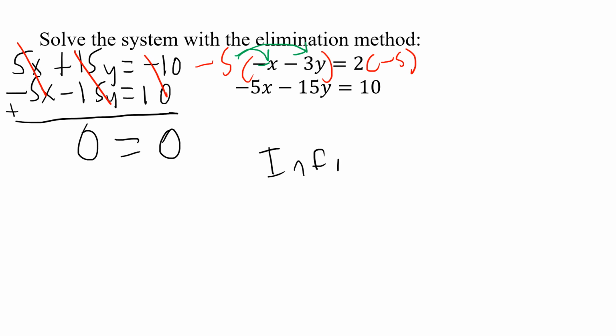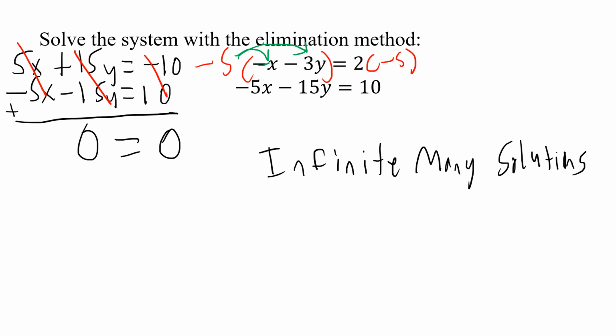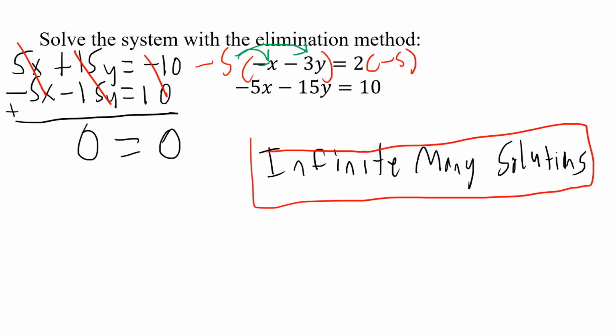That's your answer. Another way you could report it is same line. So infinitely many solutions is one way. And the other way, of course, you could report it is same line, because these are the same line. So anytime you get x equals x, 0 equals 0, infinitely many solutions, or same line.